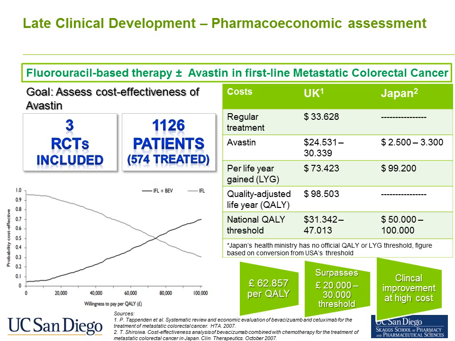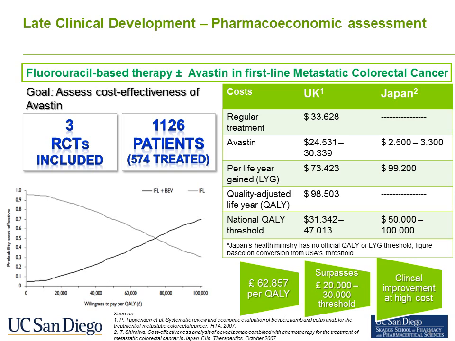In Japan, less information was known. The treatment's added costs of adding Avastin were 2,500 to 3,300, and this would calculate to a $99,000 increase per life year gained for the use of Avastin.